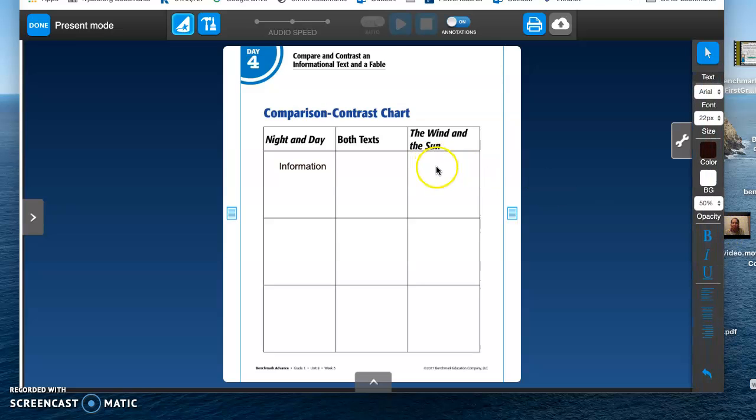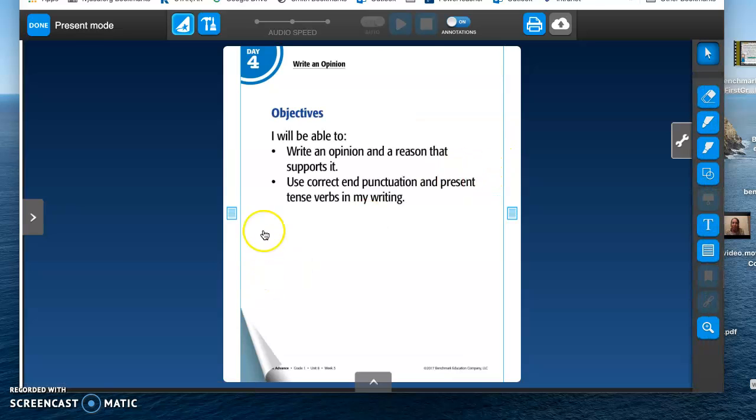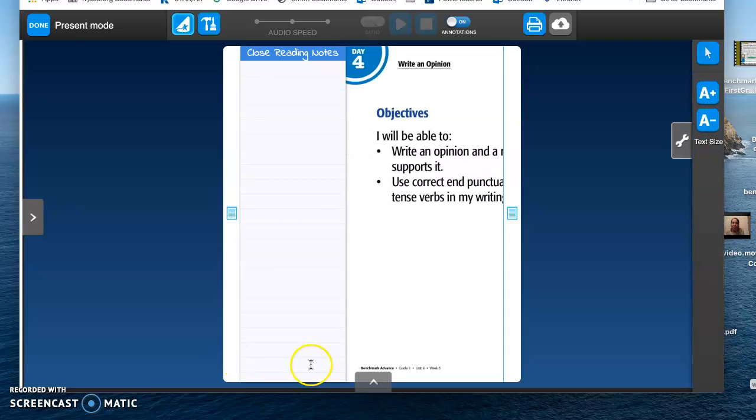What type of text was The Wind and the Sun? It was a fable. It had characters and taught us a lesson. Whoops. Let's go back.